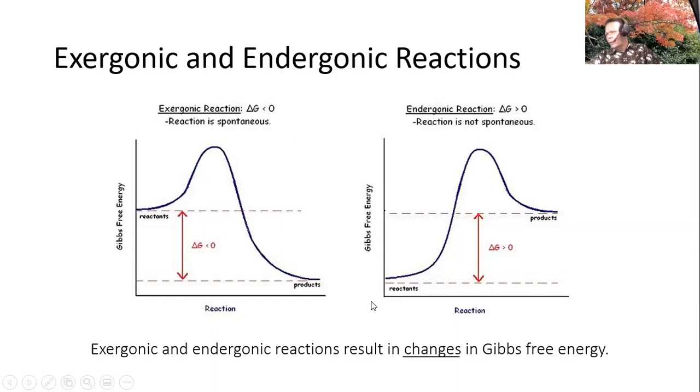The reactant's energy is here, but the product is at this point. So delta G, you can calculate or imagine, is higher than 0. So exergonic and endergonic reactions result in a change in Gibbs free energy.